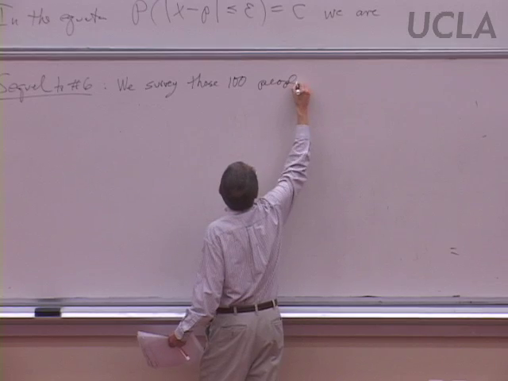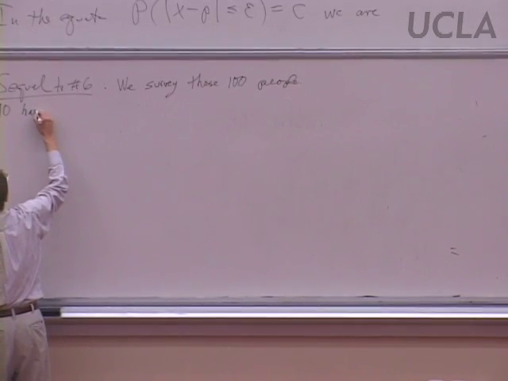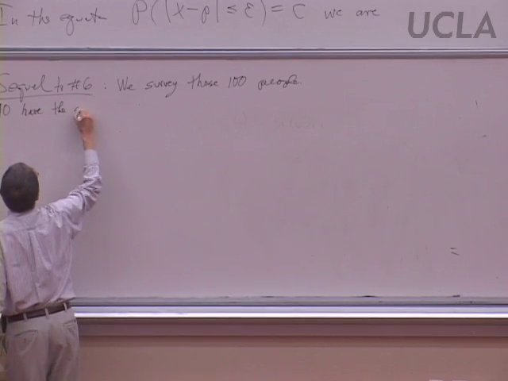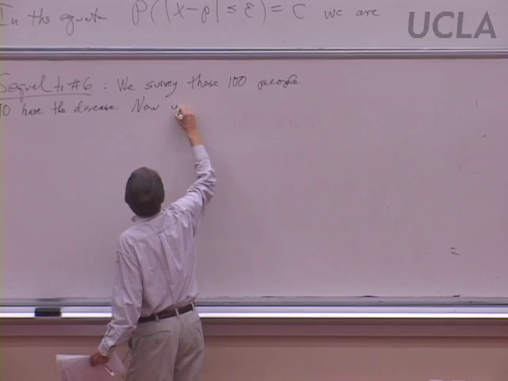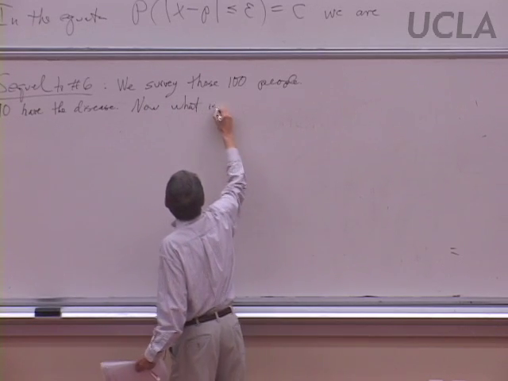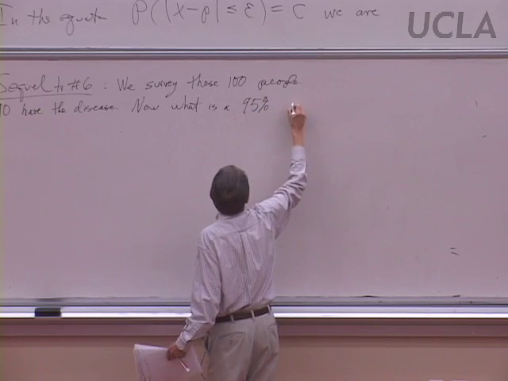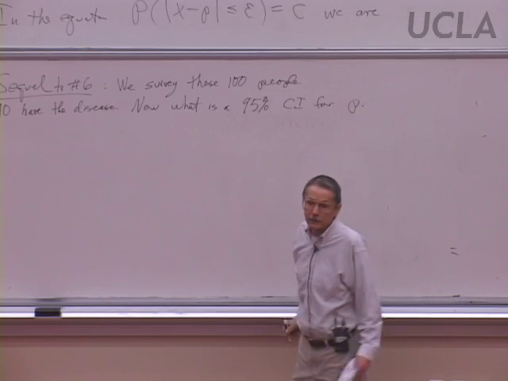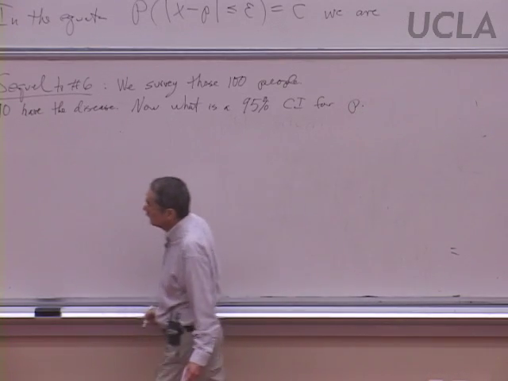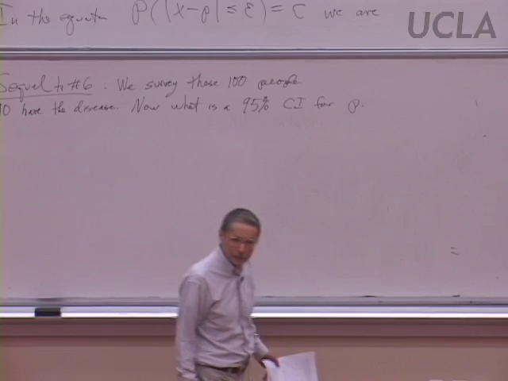Now what? Well, more specifically, what's a 95% confidence interval for the prevalence of the disease? And then we can compare it with our 95% interval that we had before we did this study.